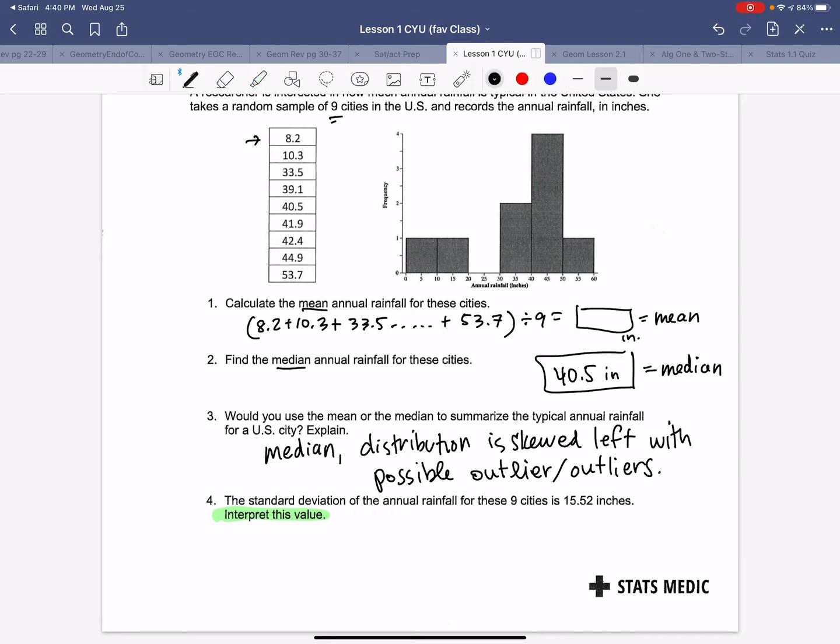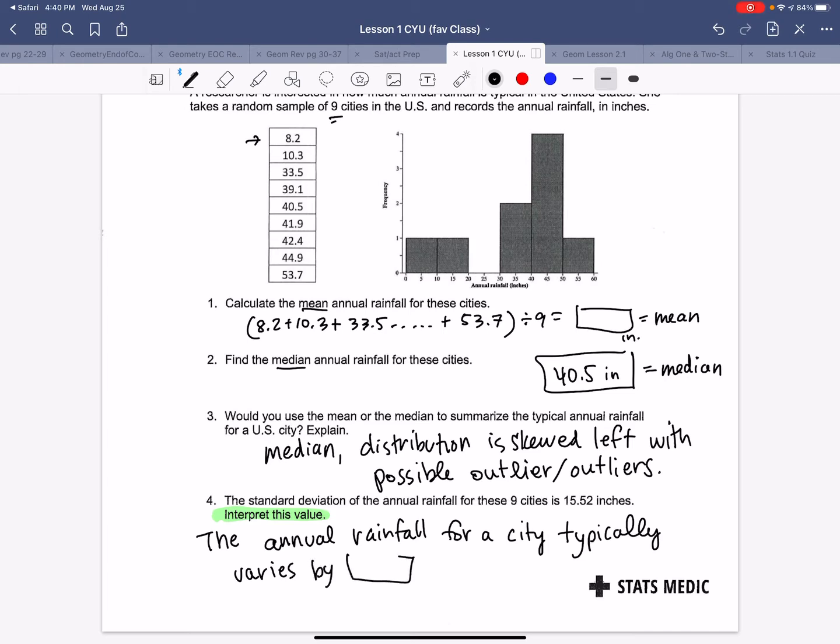Standard deviation means that the annual rainfall for a city typically varies by this number, however many inches it is when we calculate it, from our mean of, let's see, what did we get here?